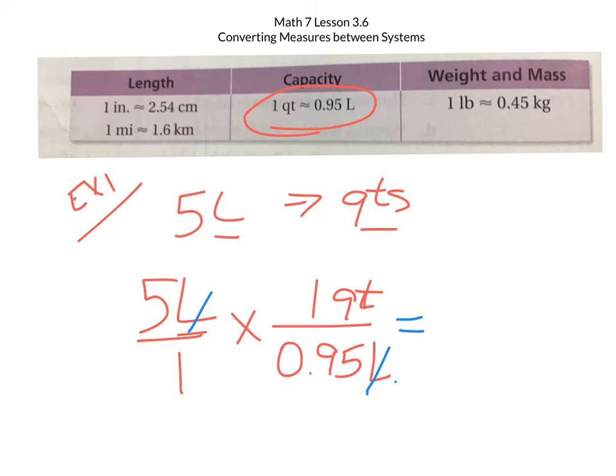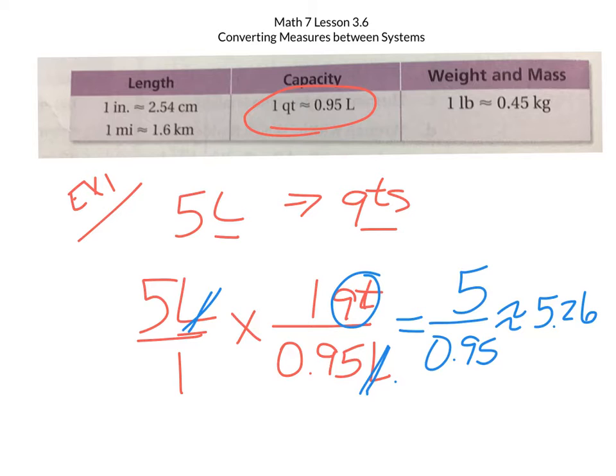So now we just follow our rules. 5 times 1 is what? 5. 1 times 0.95 is 0.95. And then we divide. What's 5 divided by 0.95? And for these, you are going to get an approximation answer, because sometimes you'll get a really long decimal. Just go to 2 decimal places. 5.26, and then what do I label it? Well, we canceled the liters, so we're left with what?